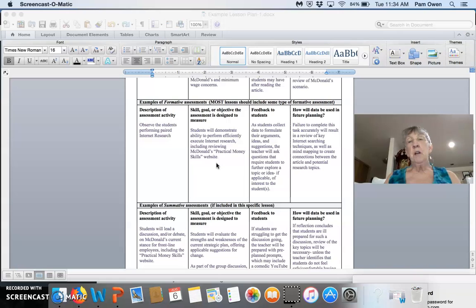So those are a lot of words, and they might not make a whole lot of sense to you because it's not your topic, but it's really what are you hoping to accomplish by this formative assessment, which in this case is observation. So she's paired the students up to do research, internet research, and she's going to observe them to make sure that they're on track, that they're demonstrating what they're supposed to demonstrate.